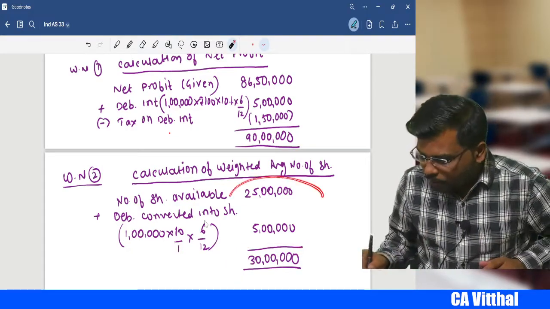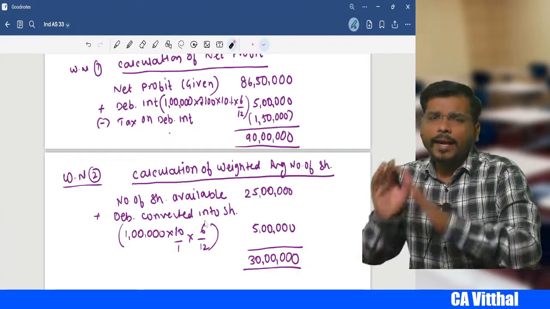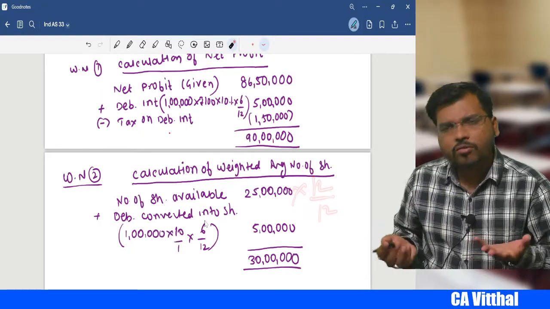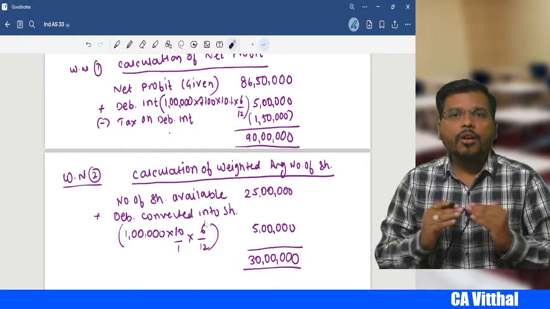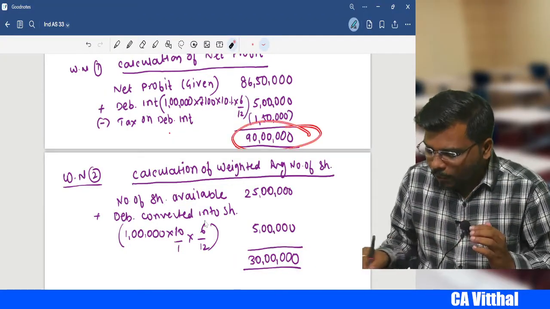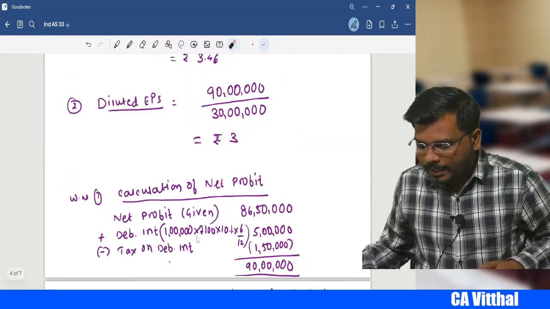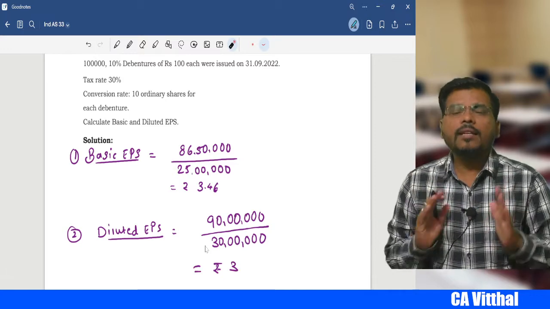You may ask, what about this 25? This 25 was there at the beginning and at the end also, so there is no change. Even if you apply the time factor, it will be 12 by 12, so there is no change. Is that clear? So the total number of shares becomes 30 lakhs. Your net profit was 90 lakhs. So 90 lakhs divided by 30 lakhs is equal to 3 rupees, the diluted EPS. Is that clear? Yes or no?